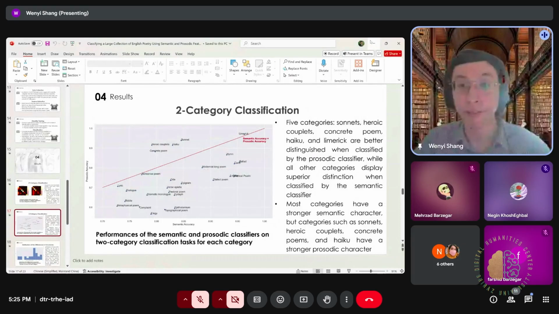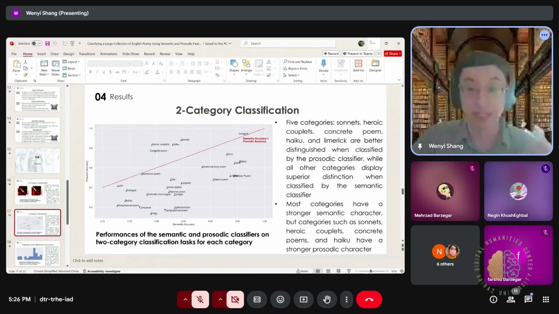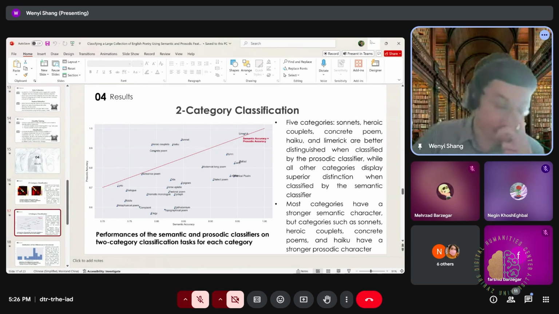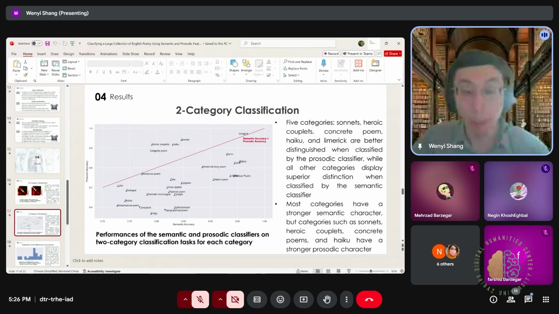This is further verified by the two-category classification experiments. This figure shows the performance of the semantic and prosodic classifiers on the two-category classifications. The x-axis is the semantic accuracy, that is how well the semantic classifier can classify each poetic category, and the y-axis is how well the prosodic classifier can classify each poetic category.